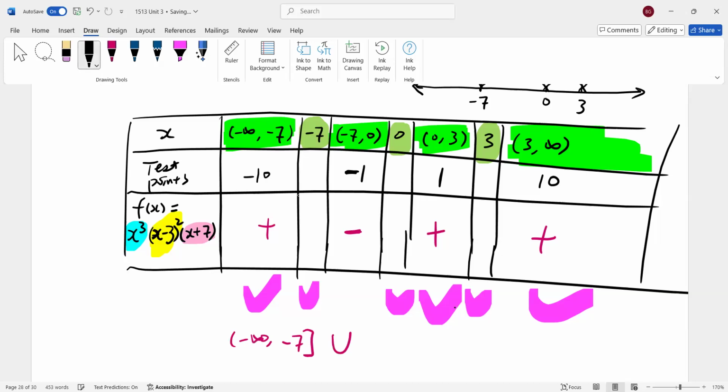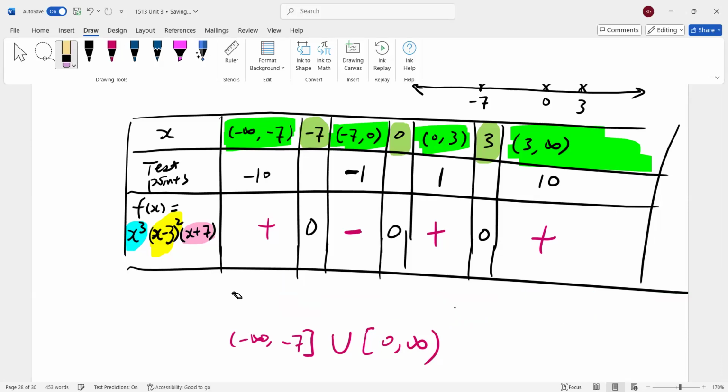This is 0, 0, 0. Union 0 to infinity. I hope you see it. Positive or 0. So from 0 all the way to infinity, the function is positive or 0.